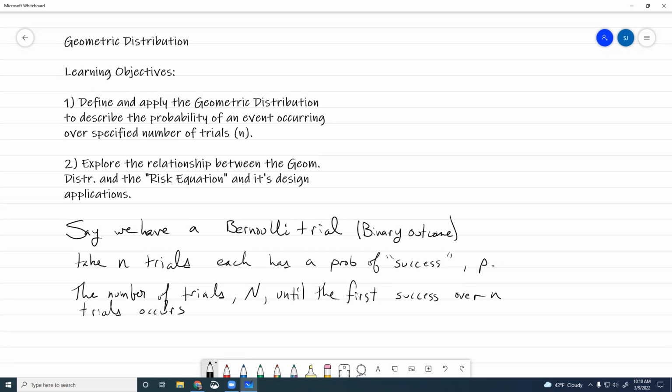And so that first success occurs for the first time. Follows what's known as the geometric distribution. And I'll write it out and then we'll talk about it a little bit more.